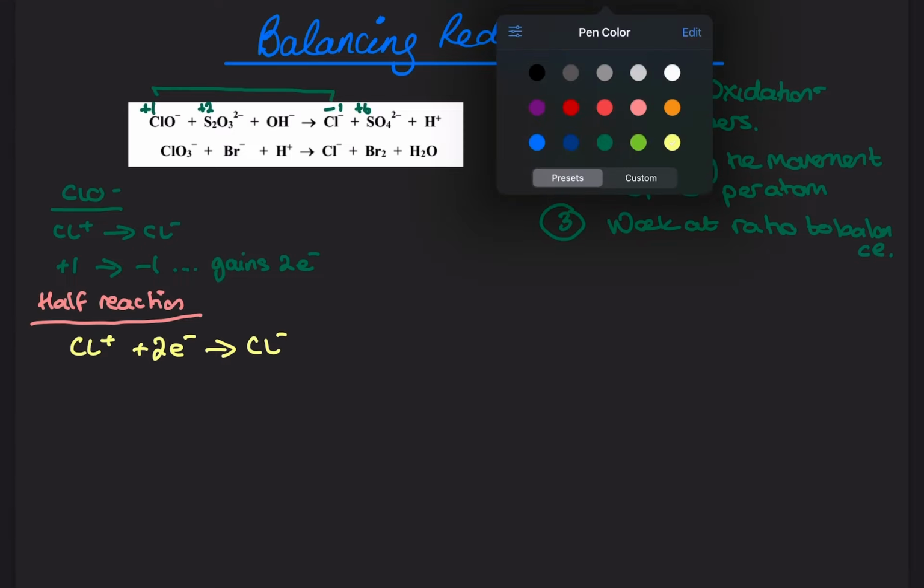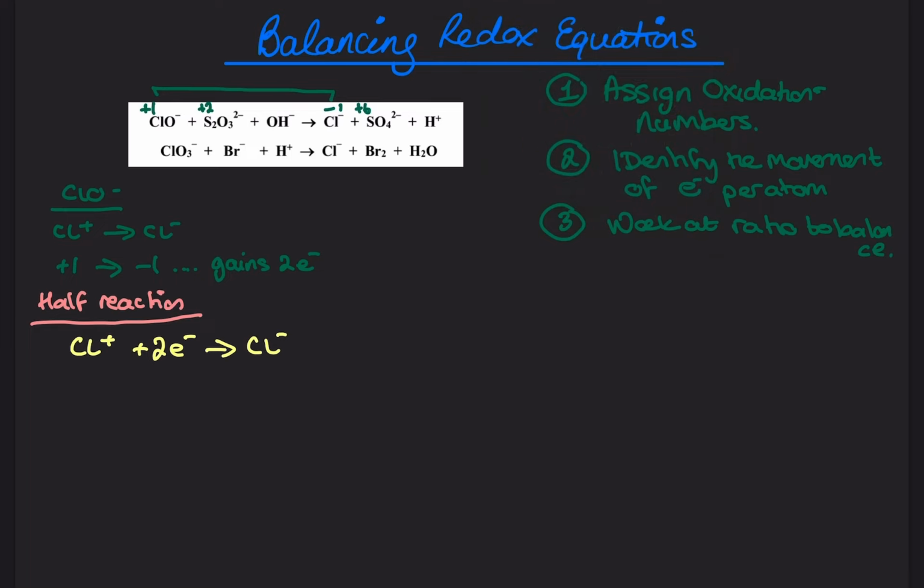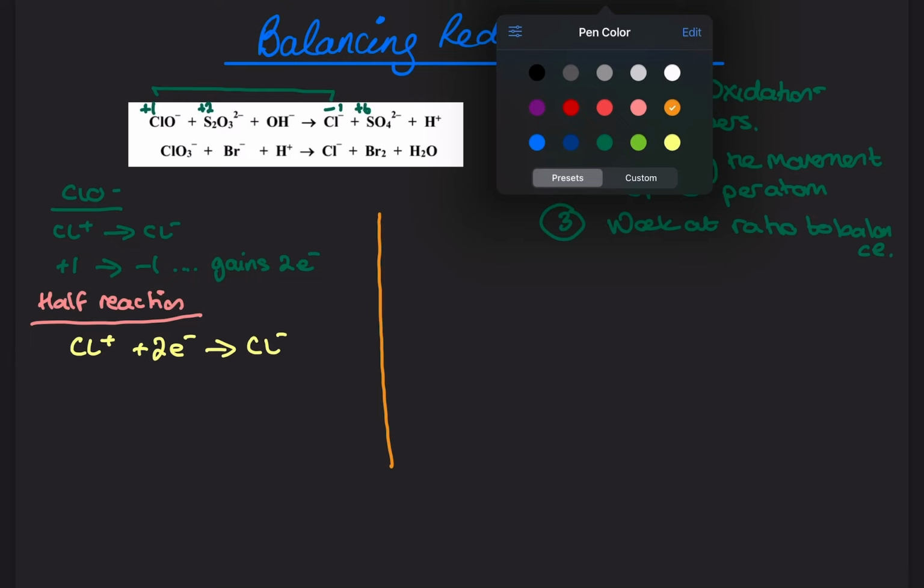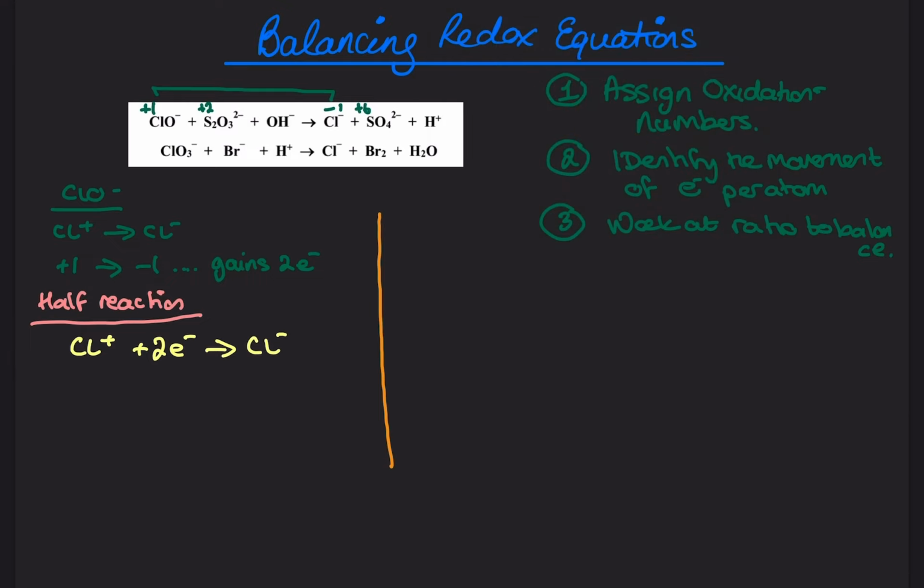I'm just going to create a separate one. So I'm just going to separate this out for the next bit. So I've got that part done. Then we're going up here again to the sulfur. So let's write down S2O3 2- as the heading.